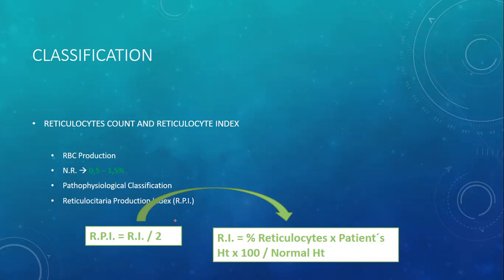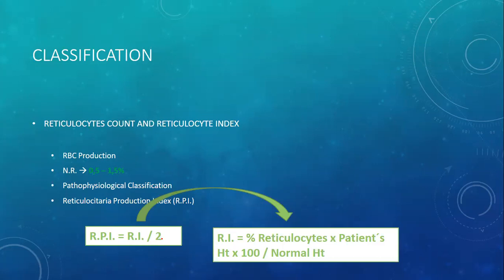After that, we can go further to get a more accurate value. Since we have our reticulocyte index, we can get our reticulocyte production index, which is the reticulocyte index divided by 2.